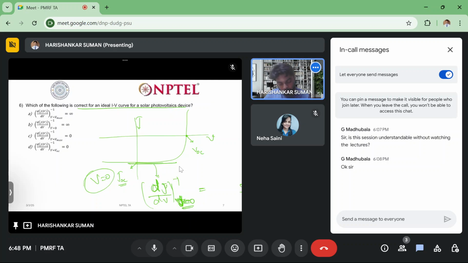The slope on this side should be infinite, and the slope on this side should be 0. So the resistance should be infinite, and the inverse of the slope should be 0 at VOC.